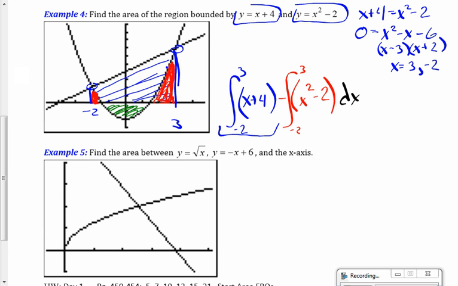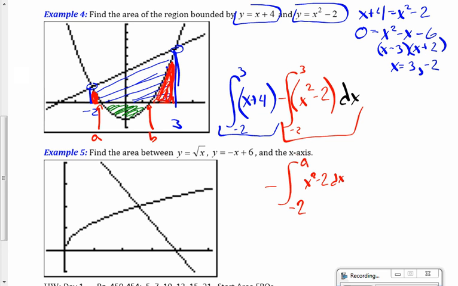If I take that red integral, I don't know what these are exactly, so let's call this one A and this one B, just for sake of naming them. Would you feel better if I wrote this red portion as the integral from negative 2 to A of x squared minus 2, and I would subtract that part, right?